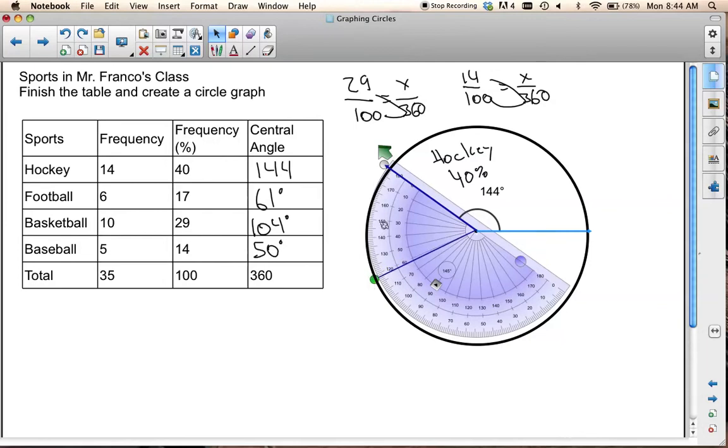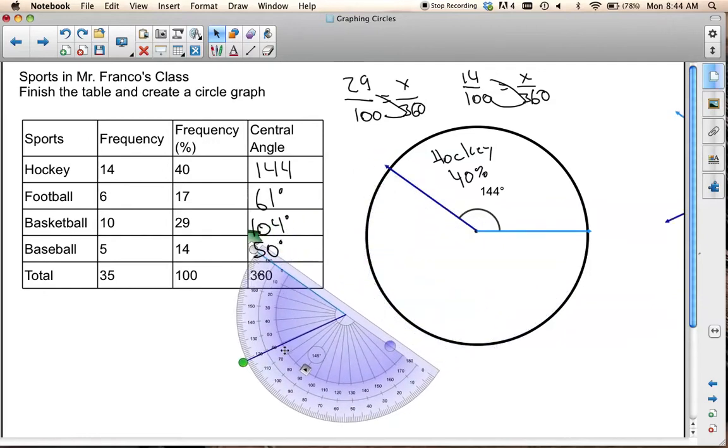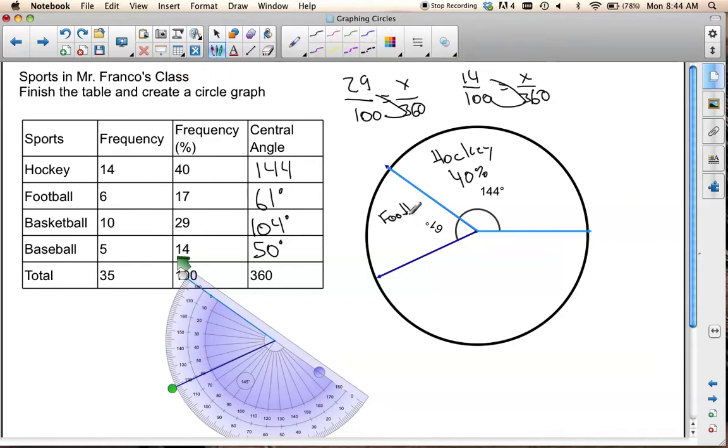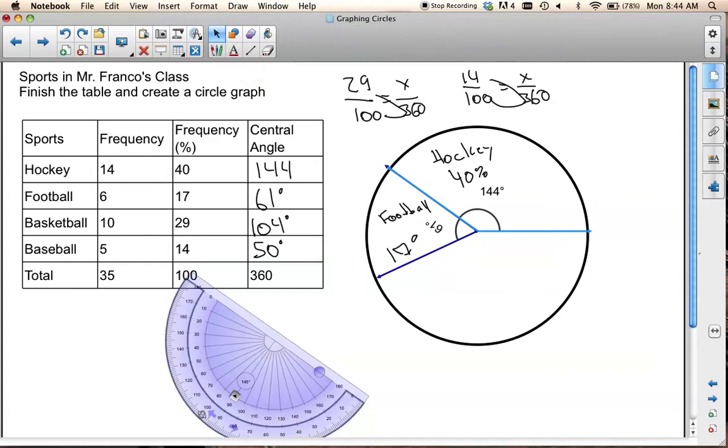And once we're at 61, same thing, graph it, and my 61 degrees fits right in. I'm like, all right, now I've done football, and that only represents 17%, even though it's 61 degrees. And then I would just keep doing the exact same thing. So I just keep going through until I've graphed everything that I need to graph.